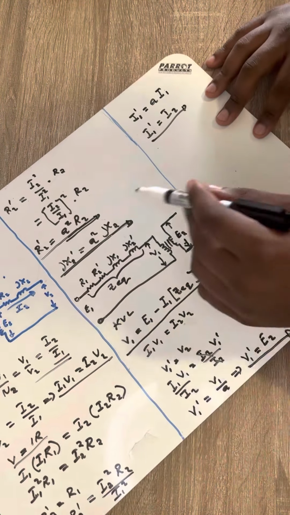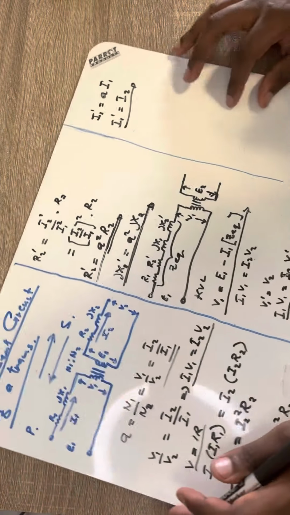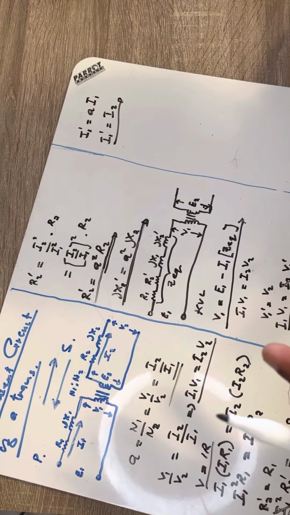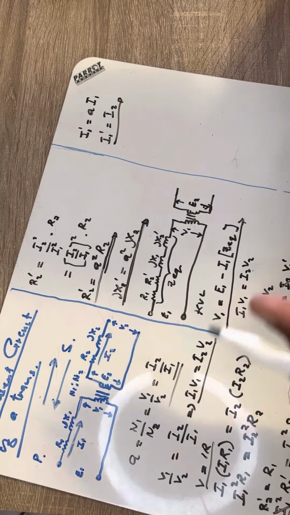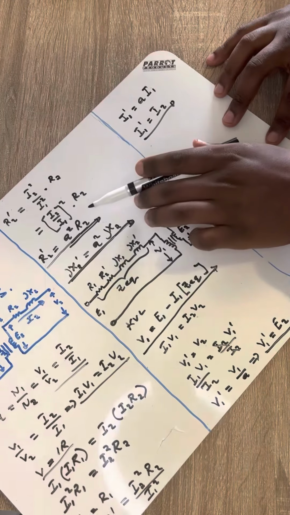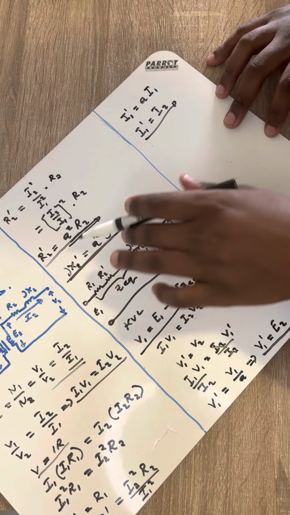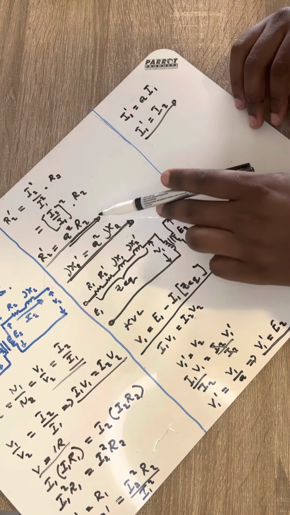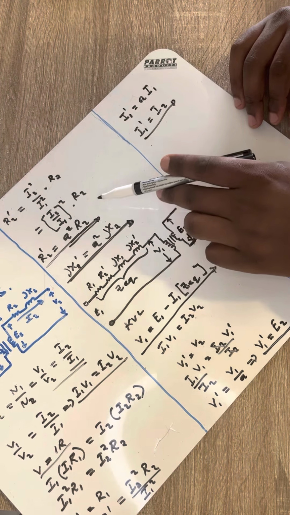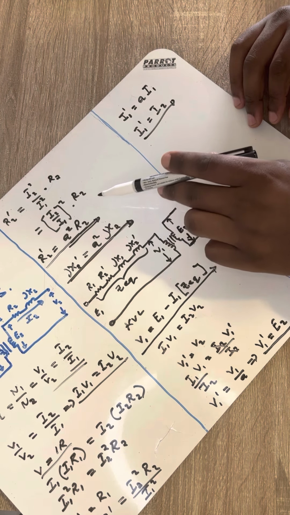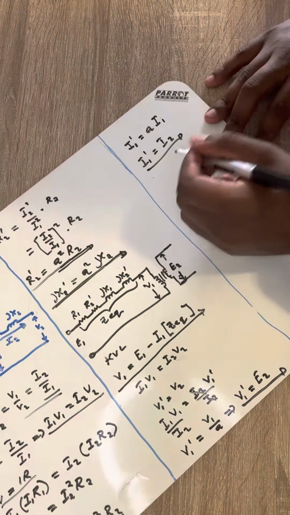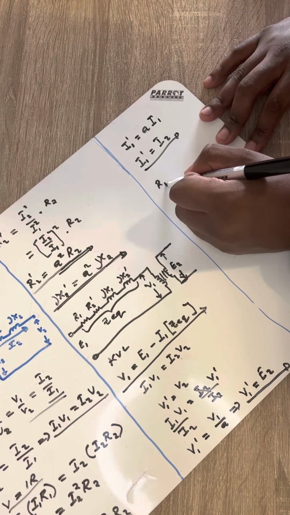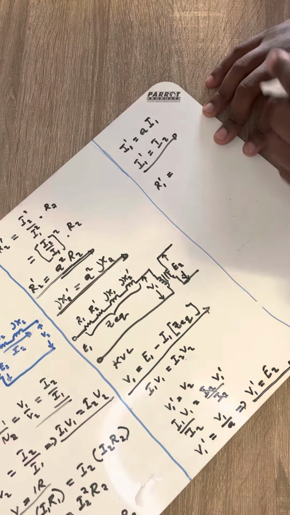So if you want to refer resistance from the primary side to the secondary side, you will use the opposite of the equation you use when referring from the secondary to the primary. So it's going to be R1 prime, taking it to the secondary side.